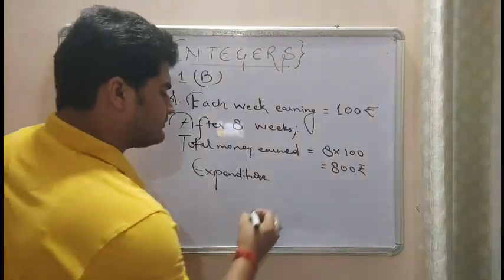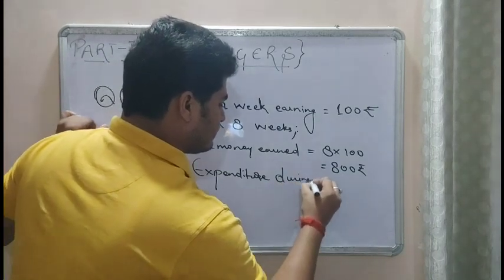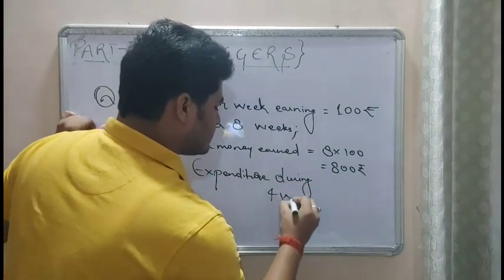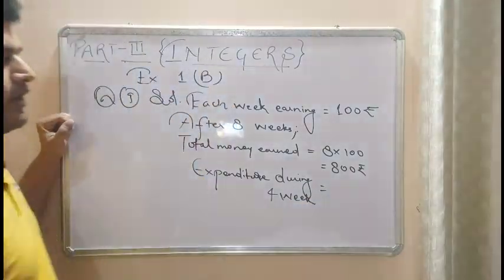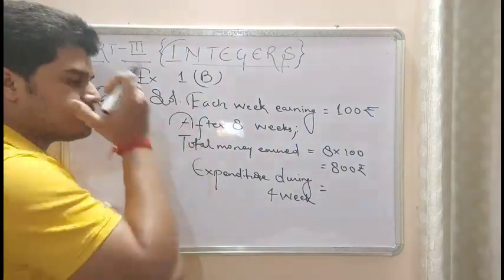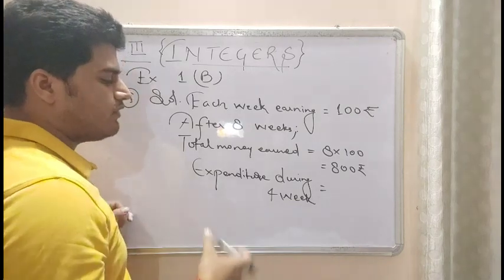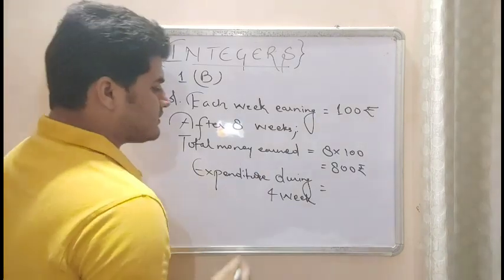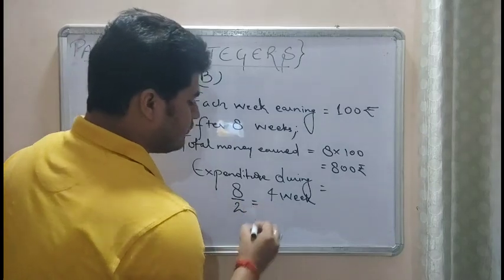So the expenditure during 4 weeks, because each week the expenditure is not being done, it is done every other week. Every other week means we are going to leave 1 week and then the other week, then again we are going to leave 1 week and then the other week. So 8 weeks divided by 2 will give you 4 weeks.